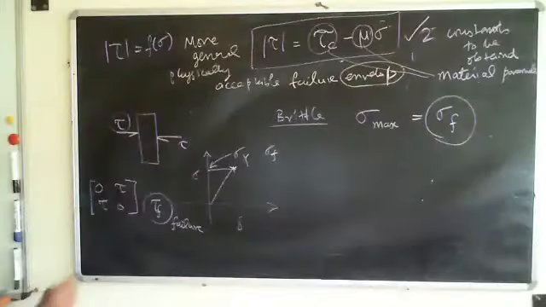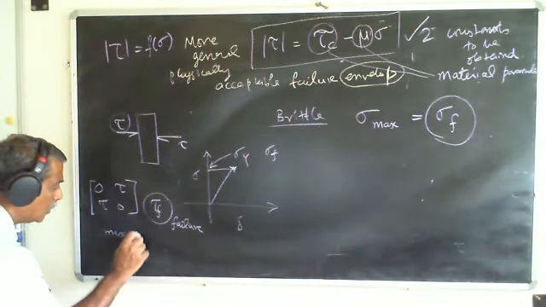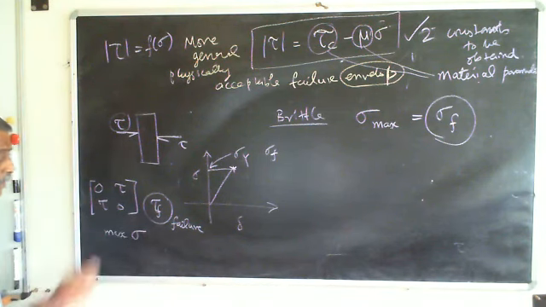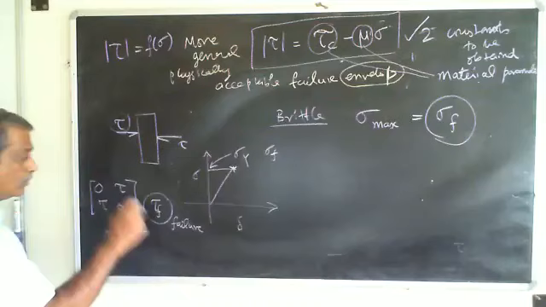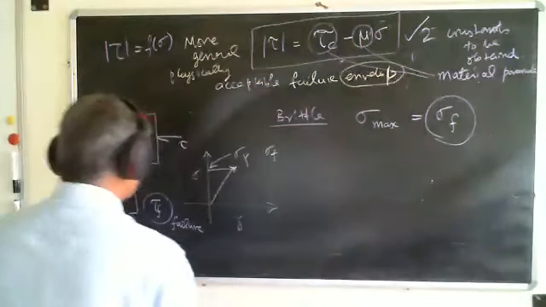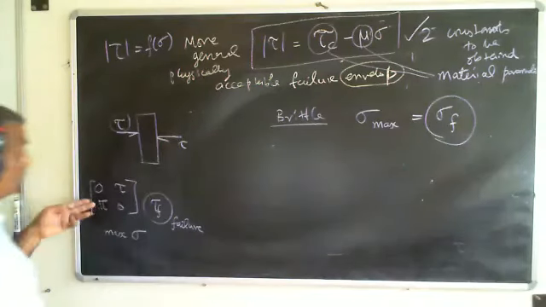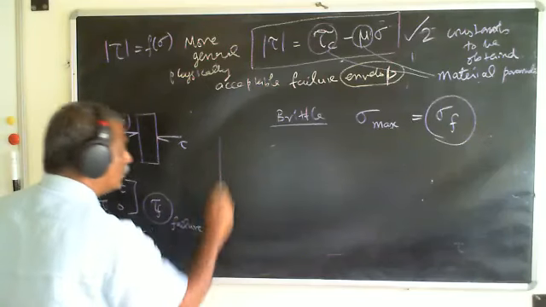But I need to relate it to something like this, right? So I'll ask that question. What is the maximum normal stress due to this stress state, so that I can use that information and write it here? How do I do that? That's not difficult. Let me draw the Mohr circle for this.